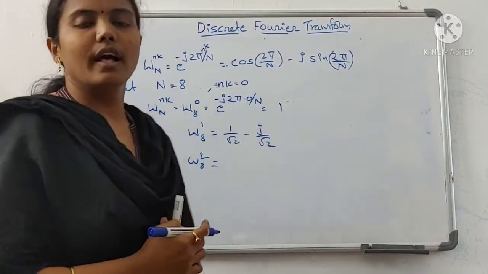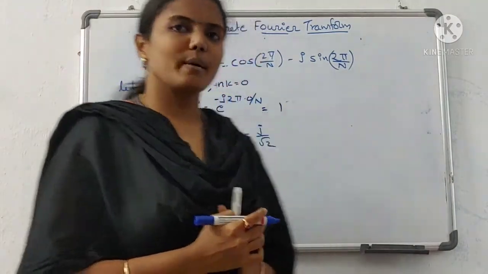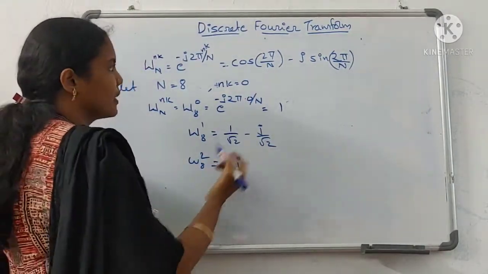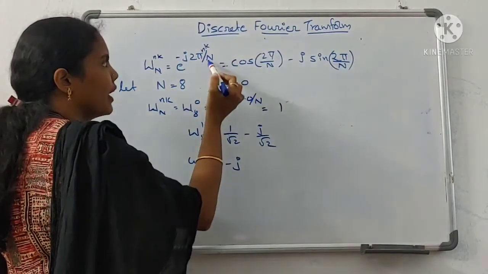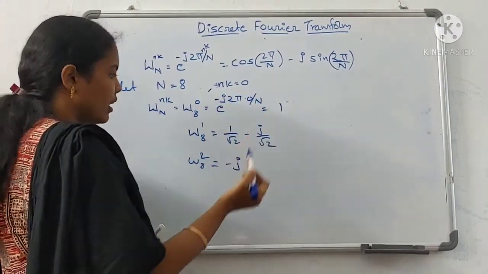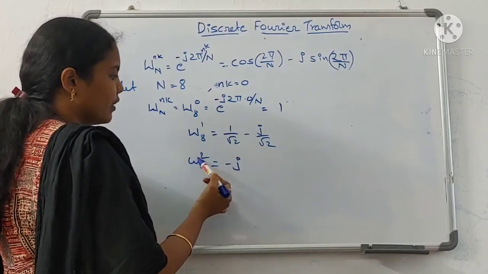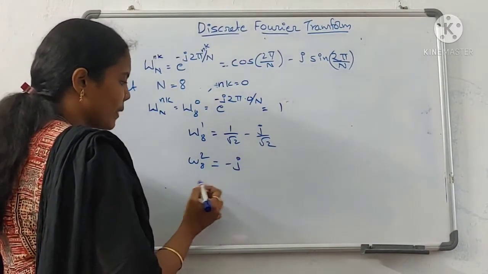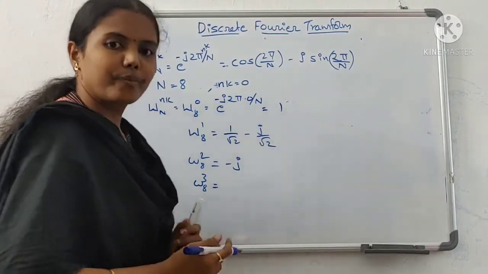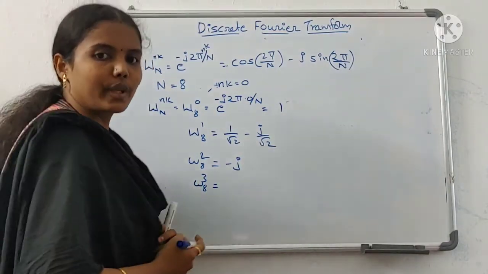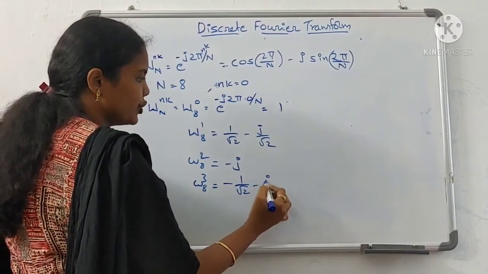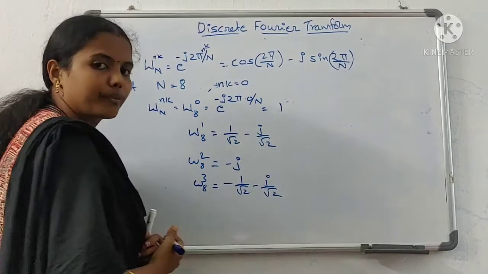You have to substitute N is equal to 8 and nk is equal to 2, and you get W8 power 2 as minus j. In the same way, the W8 power 3 value is minus 1 by root 2 minus j by root 2.